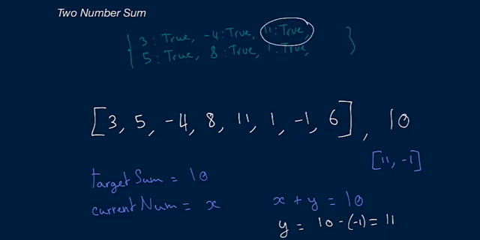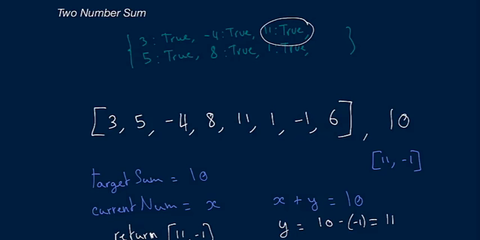Because 11 is in our hash table, that means we've traversed it in our array. So now we can just return 11 and negative 1, and we're done.